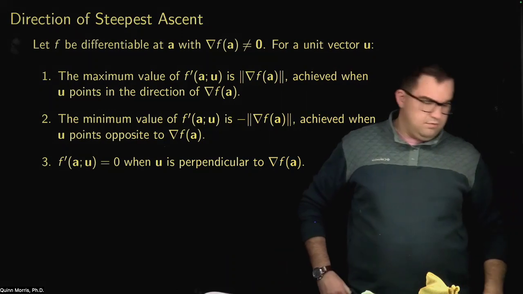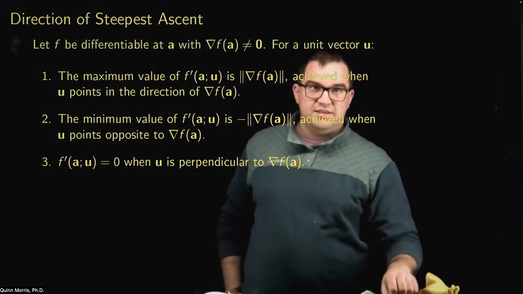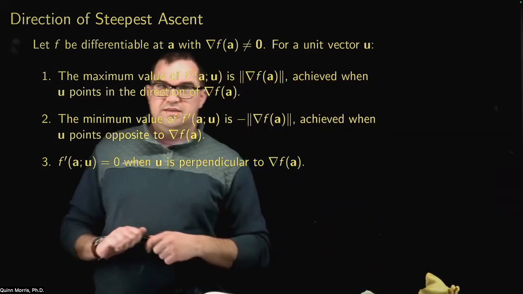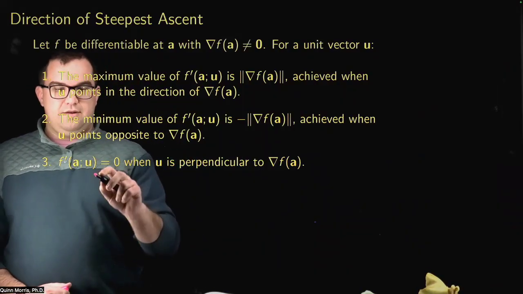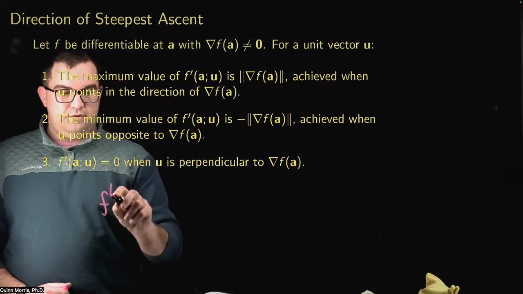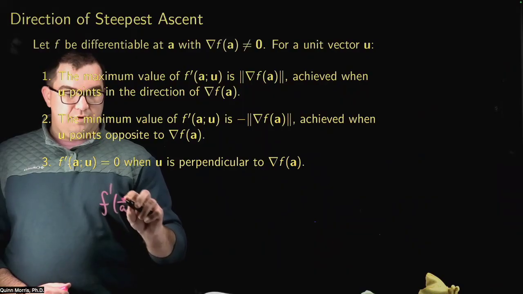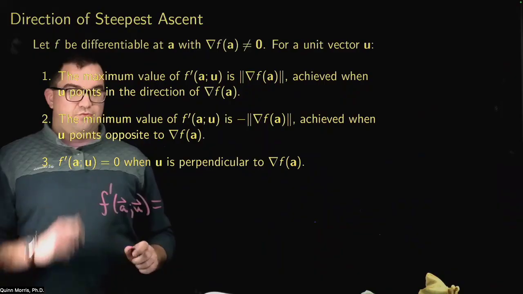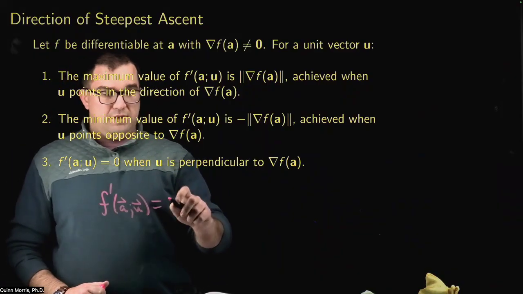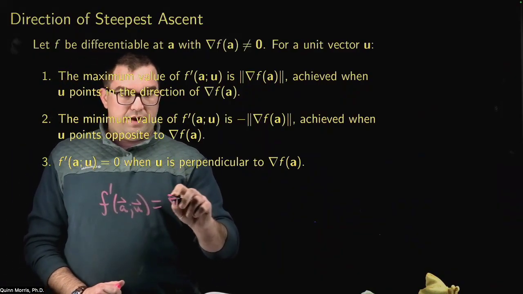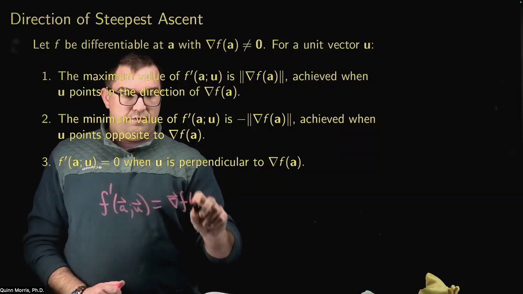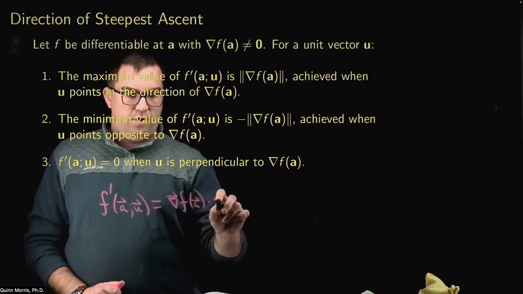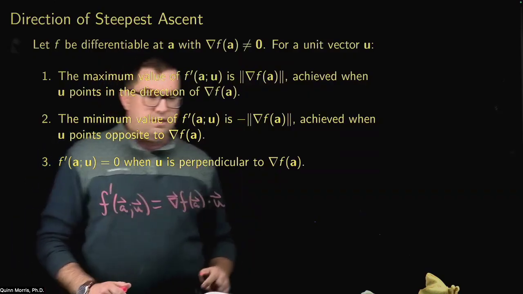Oh, sorry, and I should mention, actually, all of these proofs, if you wanted to prove these things, these all really come out of the fact that if you want to calculate f prime of a in the direction of u, since we're differentiable, we can just use our formula that this should be the gradient of f at a inner product with u.